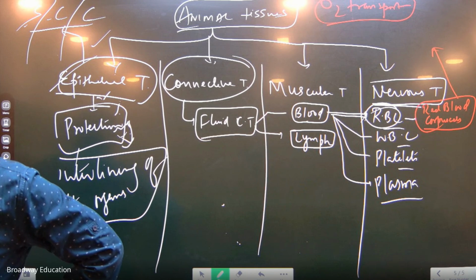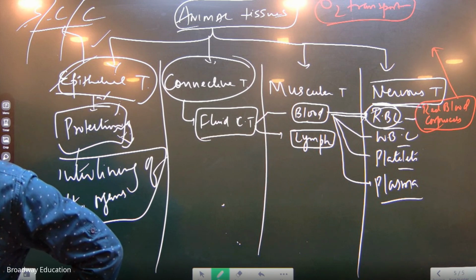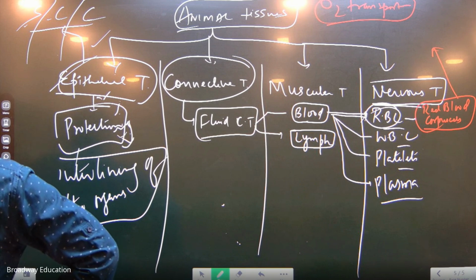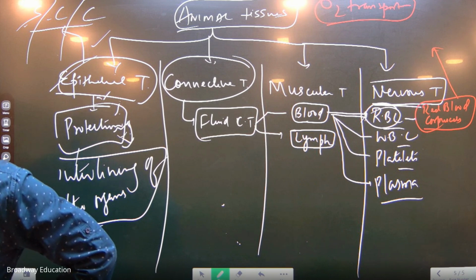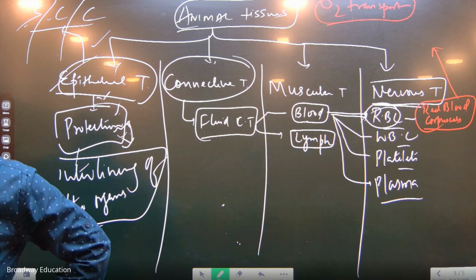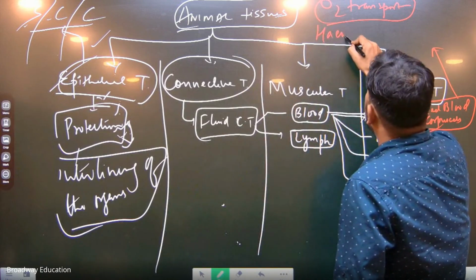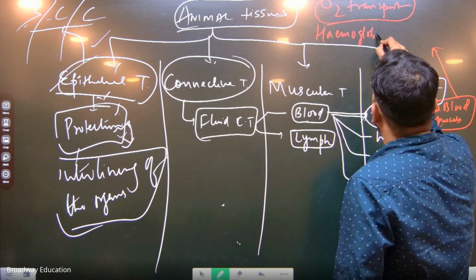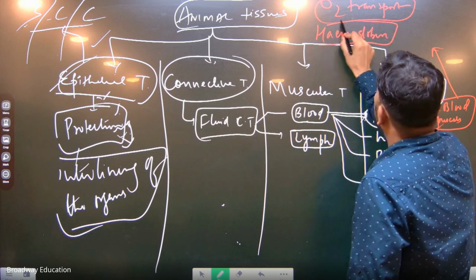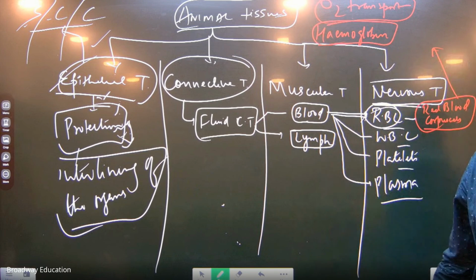Iron is an element. I am asking about which pigment is there? Hemoglobin. Yes or no?